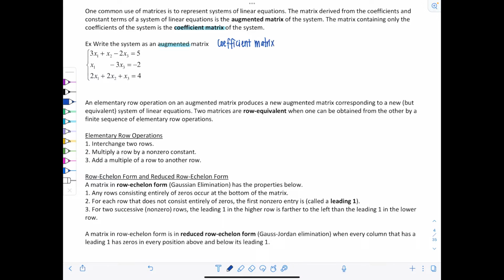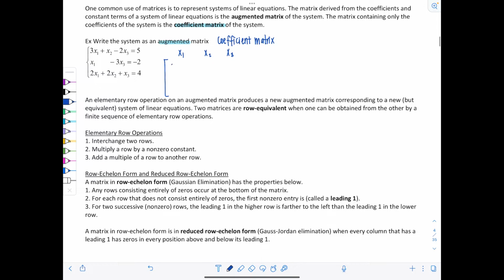So you would list the coefficients for x1, x2, and x3 in each of the respective columns. For x1, the coefficients are 3 from the first equation, 1 from the second equation, and 2 from the third equation. Coefficients of x2 come next: 1, 0, 2, and then x3: -2, -3, 1.